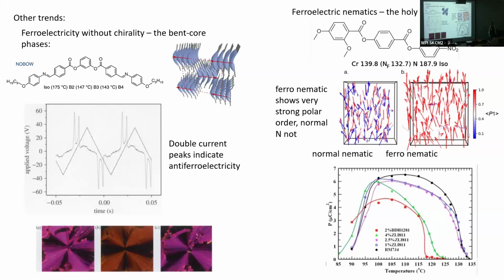It was called tri-stable switching at the very beginning, but of course it's not tri-stable, it's monostable with three different switching states. But a few years ago now, maybe five years ago, the ferroelectric nematics came, which people were looking for probably for decades.